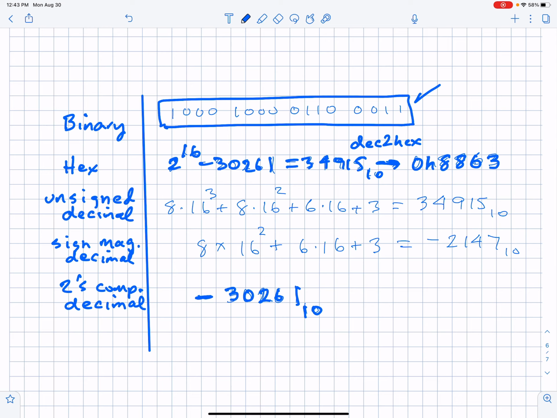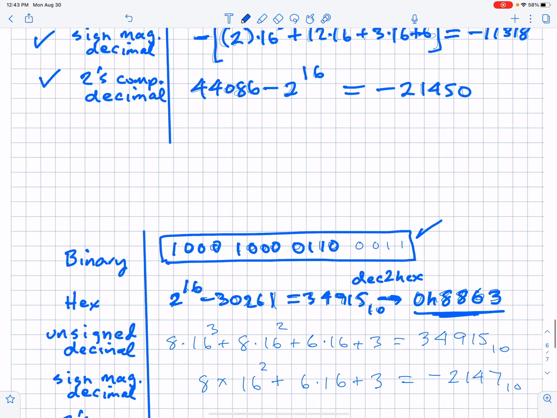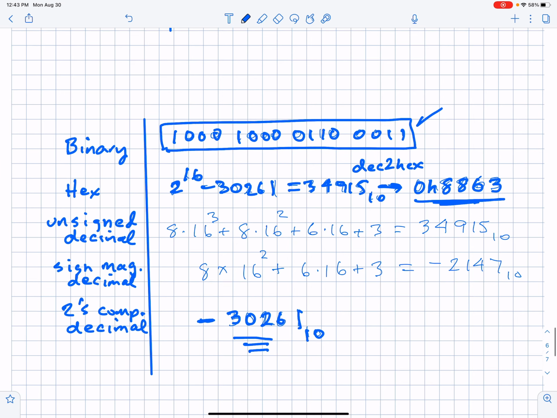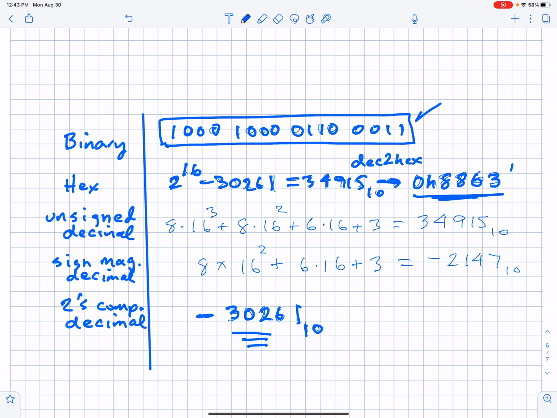The point here is we started with a 2's complement representation, and we found out what the hex contents of the register that represents that number would be. Okay, so it would be 8863. So from there, I can expand the 8, 8, 6, 3.